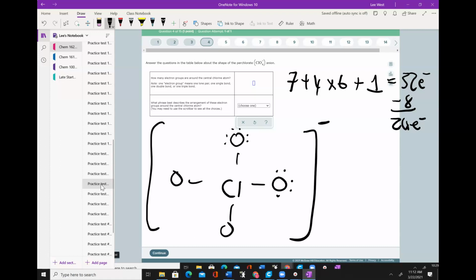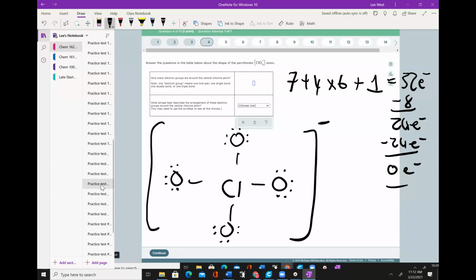Complete my octets on my outer atoms. And there we go. All right, so I used up 4 lots of 6, so minus 24, so no lone pairs on my central chlorine. All right, so we're good at this point.